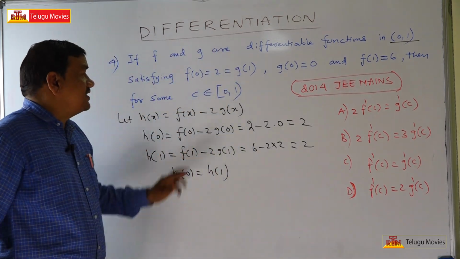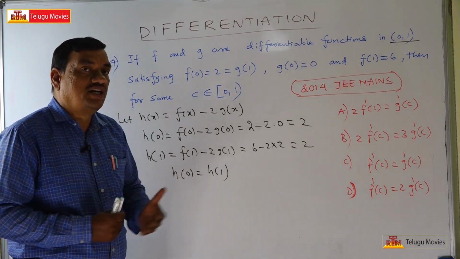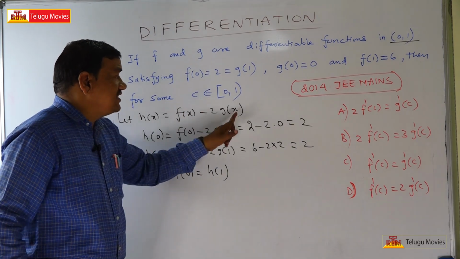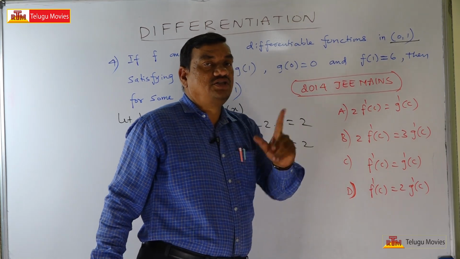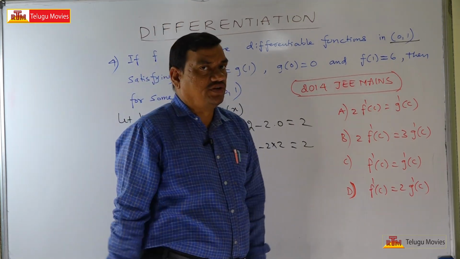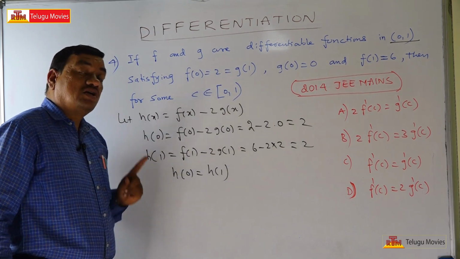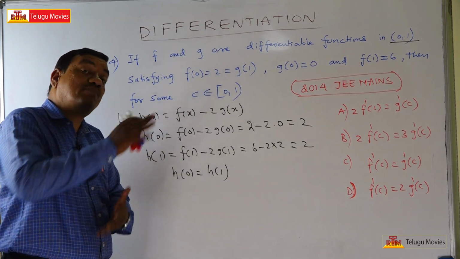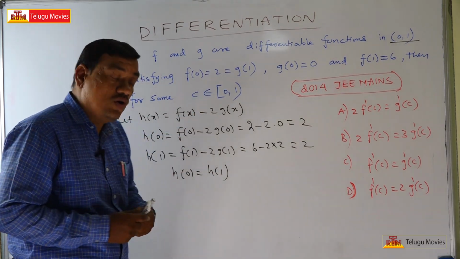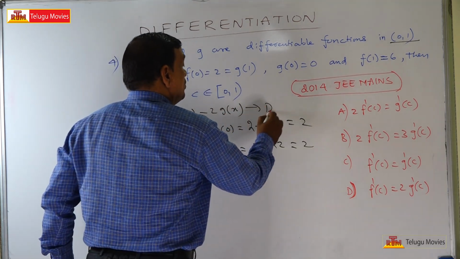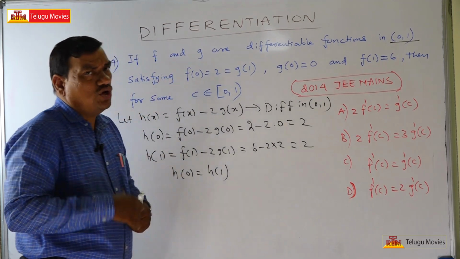And one more thing, there are a lot of theorems in differentiability and continuity. f of x and g of x both are differentiable and continuous. Differentiable means it is already continuous. That means if f of x and g of x are both continuous and differentiable, their algebraic sum, that is f of x minus 2 times g of x, is also differentiable in (0, 1) and also continuous.